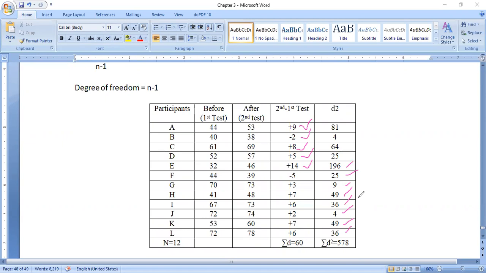So here, according to our principle, we got the values, that is sigma d square value and sigma d value also. To know the d bar value, what are we going to do? Sigma d by n. Here S is equal to sigma d square minus n d bar square. D bar value also is there. So please observe carefully.